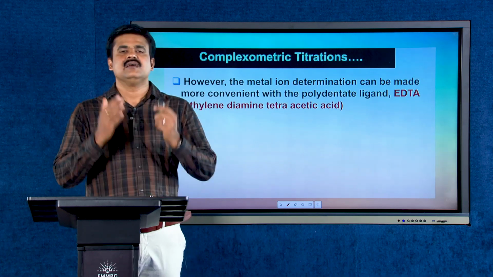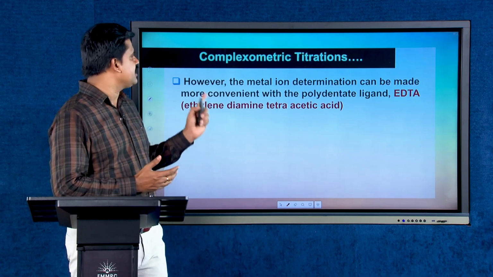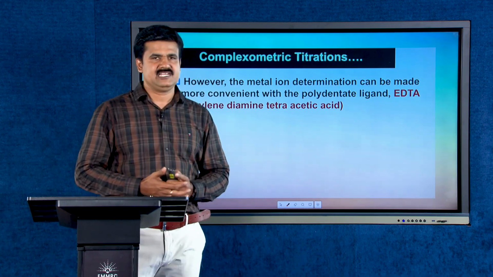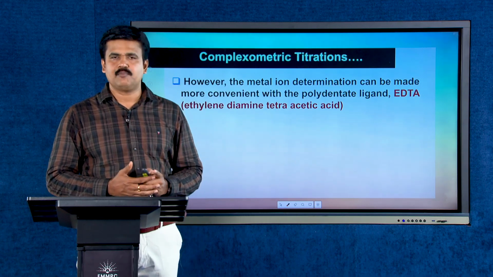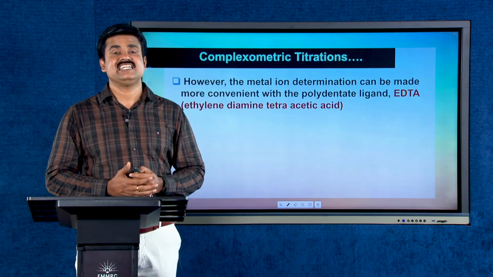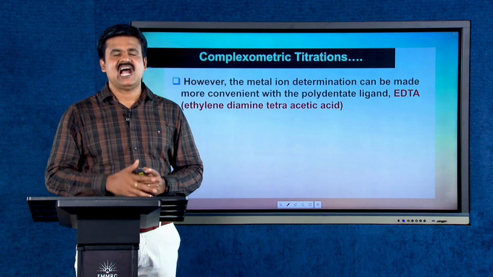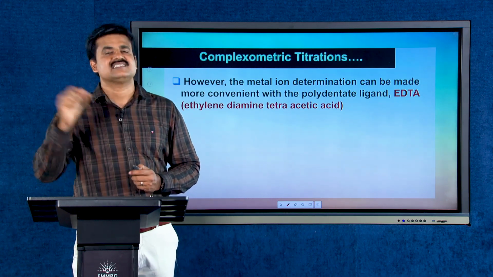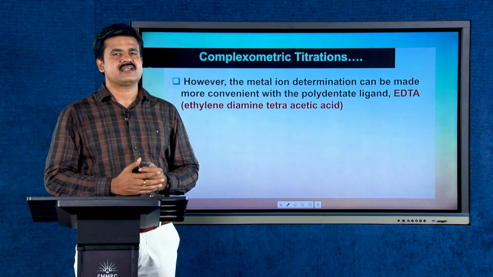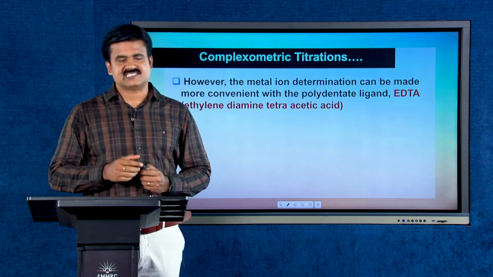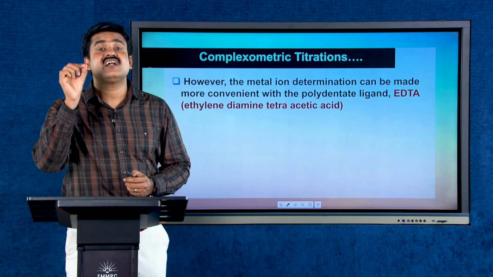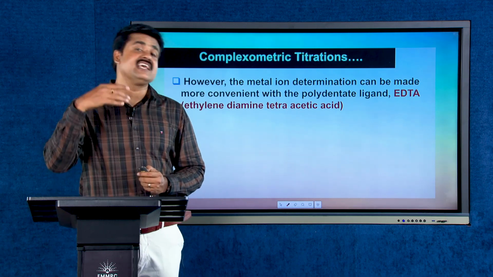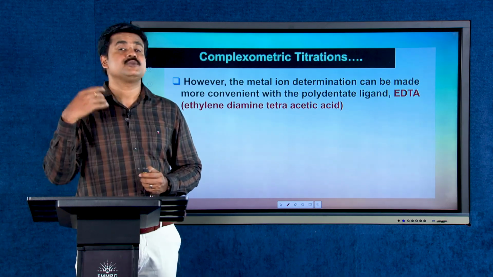However, the metal ion determination can be made more convenient with the help of the polydentate ligand EDTA, and EDTA stands for ethylene diamine tetraacetic acid. Theoretically speaking, ethylene diamine tetraacetic acid is a hexadentate ligand. A ligand which can donate a pair of electrons is said to be monodentate.